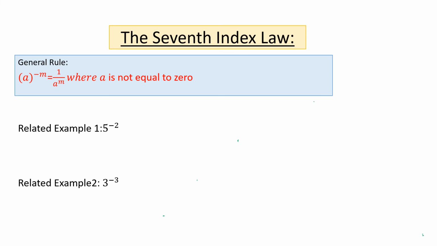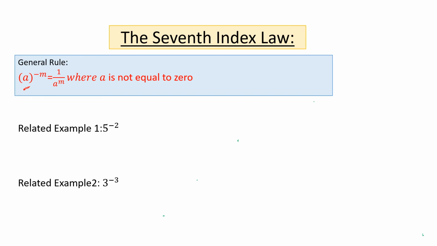The seventh index law, general rule: a raised to the power negative m equals 1 over a raised to the power m, where a is not equal to 0. It means this a is not equal to 0. Any letter or number raised to the power negative, we will write 1 over that letter raised to the power positive.